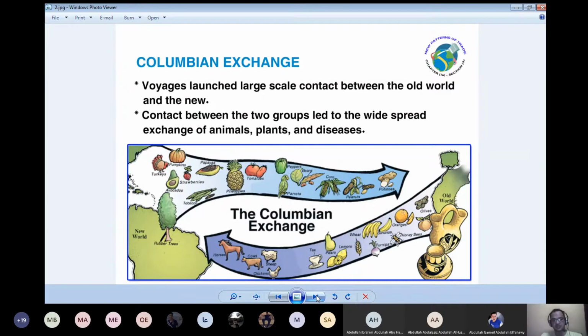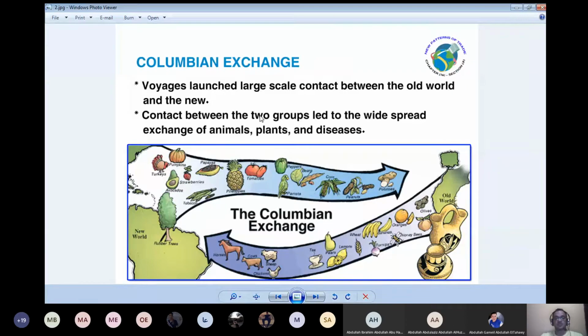All of these items coming from the new world to the old one, or vice versa, from the old world to the new world, we call this action, guys, the Columbian exchange. So the first definition in our lesson, the first point in our lesson, will be the Columbian exchange. They gave it this term, of course, in order to honor Christopher Columbus.